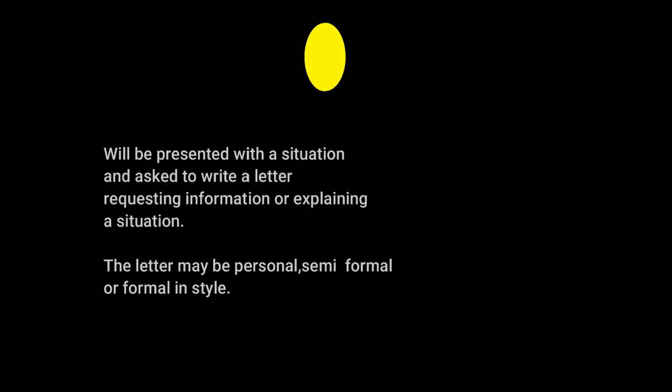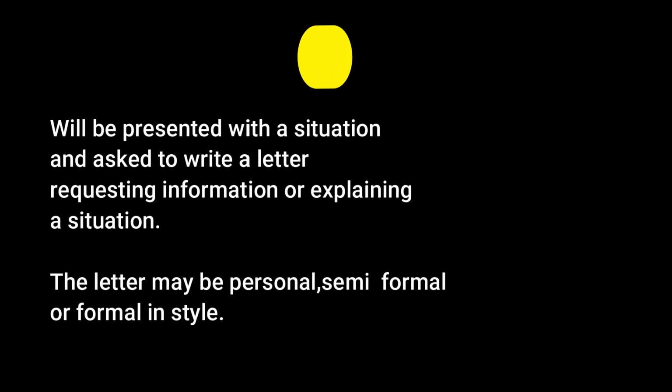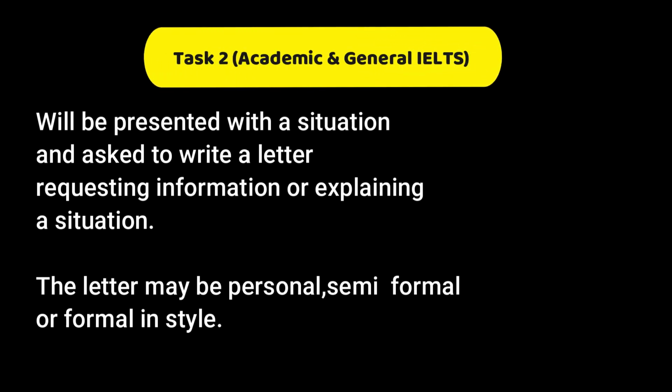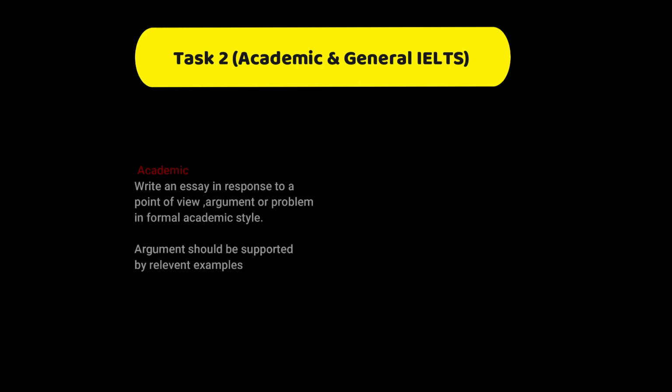For the candidates who are appearing for general IELTS, there is a difference. In this section, candidates will be presented with a situation and asked to write a letter requesting information or explaining a situation. The letter may be personal, semi-formal, or formal in style. Task 2, academic.